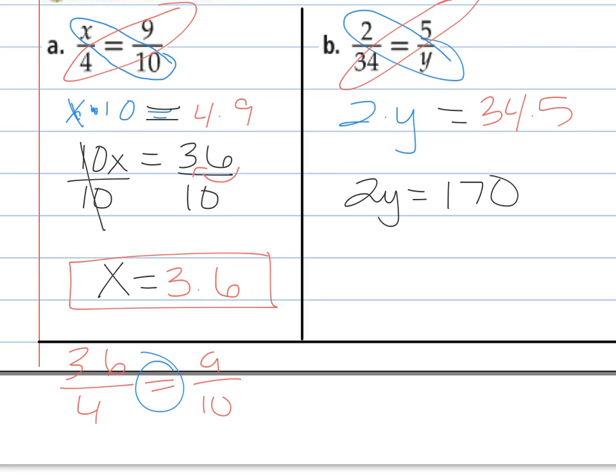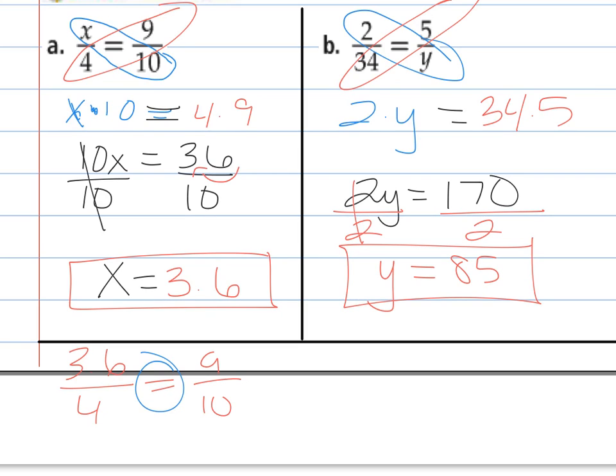I want to get y alone, so to get rid of 2, 2 divided by 2 is 1y. 170 divided by 2 is 85, because 100 divided by 2 is 50, 70 divided by 2 is 35, and together they make 85. Again, you could plug it in to check. If you did 2 divided by 34, and then you did 5 divided by 85, you should end up with the same thing on your calculator, so you know you did it correct.